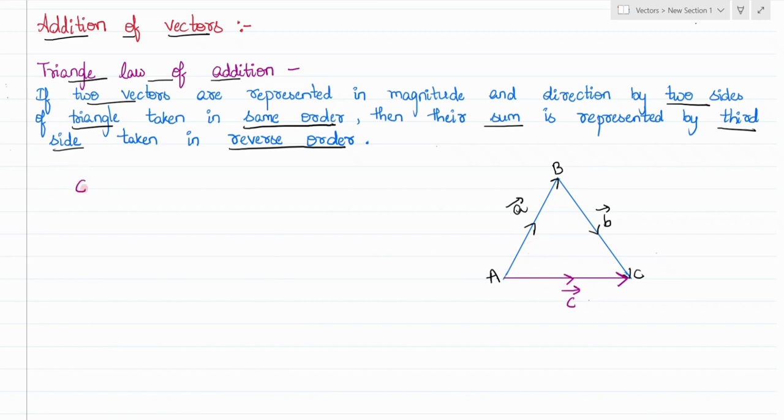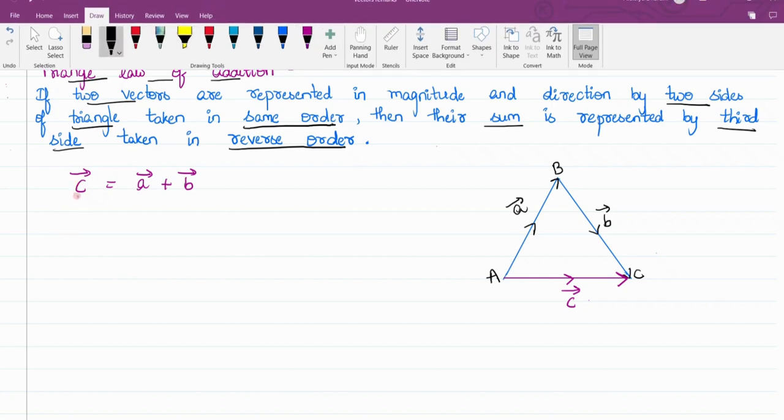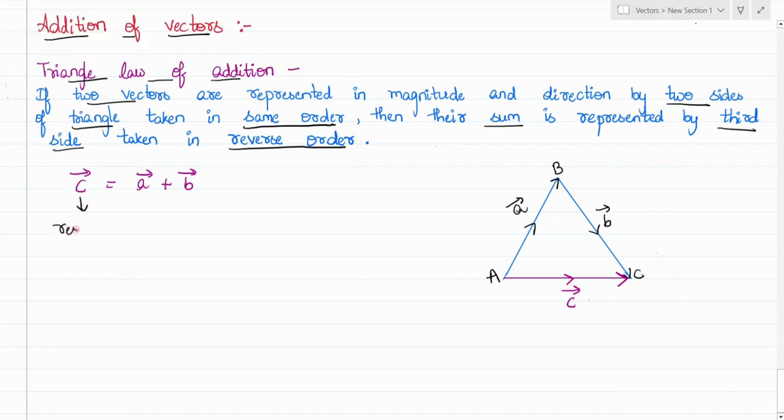So here we can write it as C is nothing but A plus B. And C is also called the resultant of A plus B. So triangle law of addition is nothing but: two vectors are represented by the two sides of a triangle in the same order. Then their sum, which is nothing but the resultant of A plus B, that is C, is represented by the third side of the triangle but taken in the reverse order.